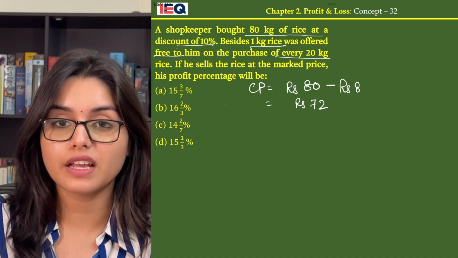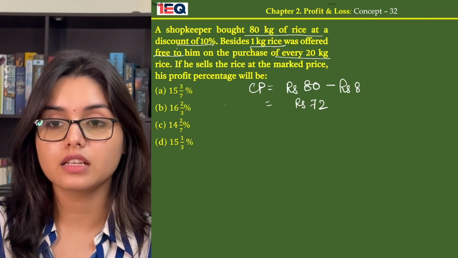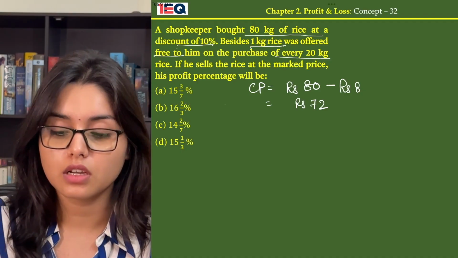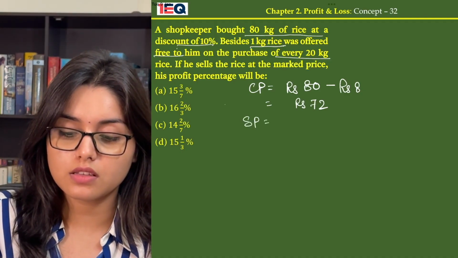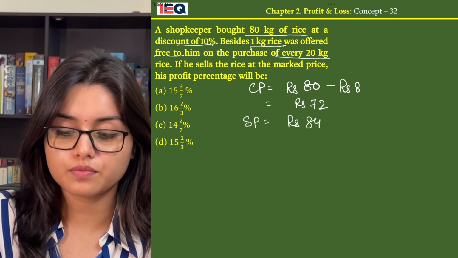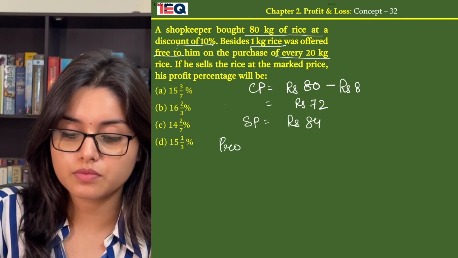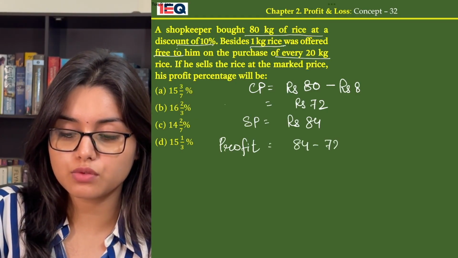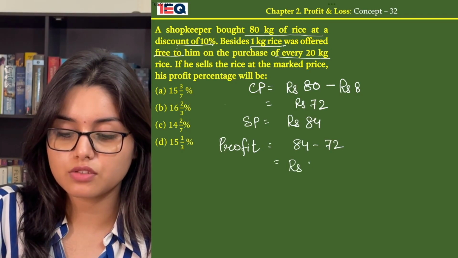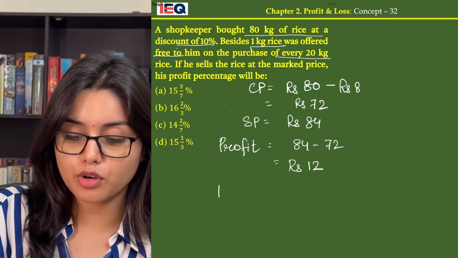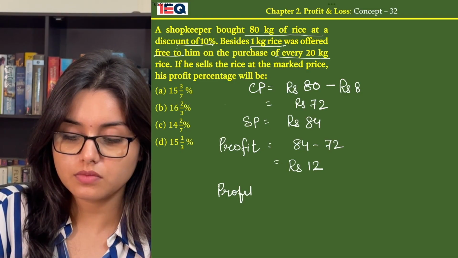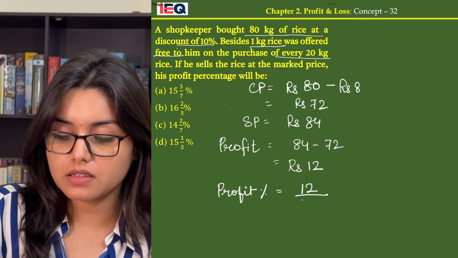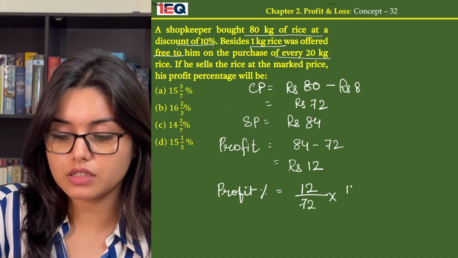The total rice he had was 84 kg, and he sold the entire lot at the marked price, which was rupees 1. So his selling price is rupees 84. Now profit amount is equal to 84 minus 72, that is rupees 12, and then the profit percentage is equal to 12 by 72 into 100.